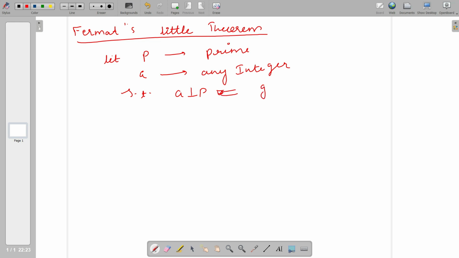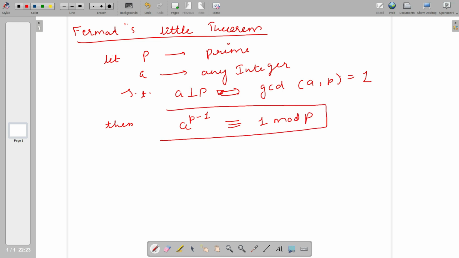Then A raised to the power P minus 1 will be congruent to 1 mod P. So this is the statement: if P is a prime number and A is any integer co-prime to P, then A to the power P minus 1 is congruent to 1 mod P.